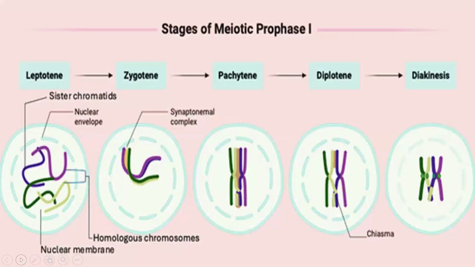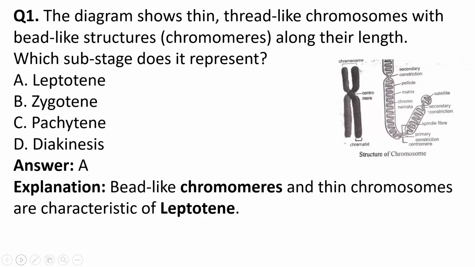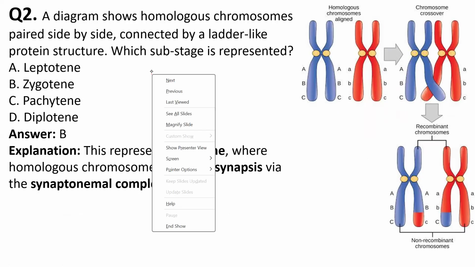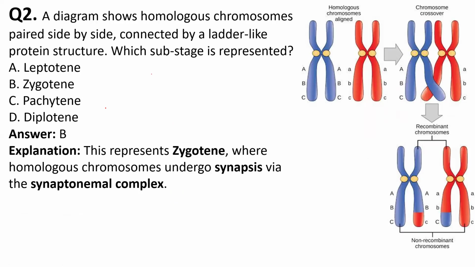Diagram-based questions are also given, covering leptotene, zygotene, pachytene, diplotene, and diakinesis. A diagram showing thread-like chromosomes is the leptotene stage. A diagram showing homologous chromosomes paired side by side, connected by a ladder-like protein structure, is the synaptonemal complex, so it is the zygotene stage.